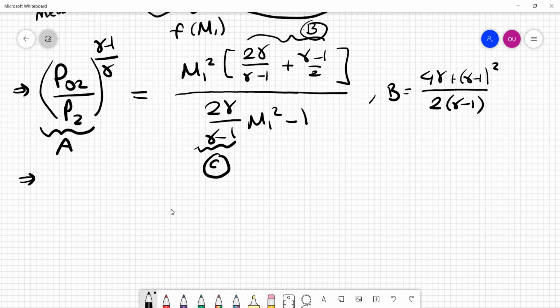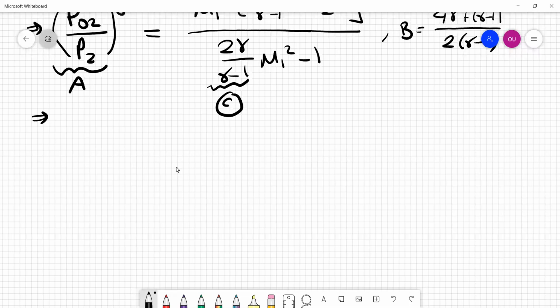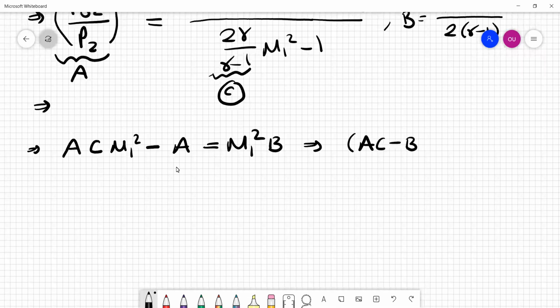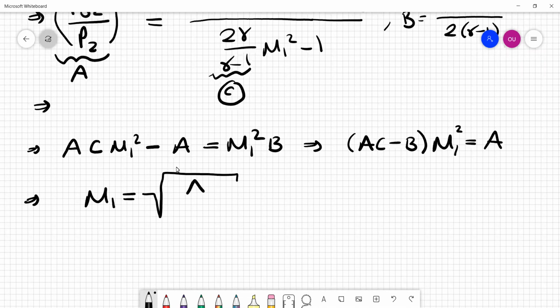And then when you rearrange the equations, it looks something like this: A times C M1 square minus A is equal to M1 square times B. And from here, A times C minus B times M1 square becomes equal to A. So therefore, if I would like to calculate M1 from here, it becomes equal to the square root of term A divided by A times C minus B.